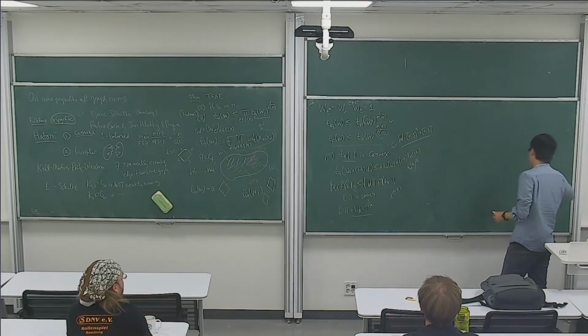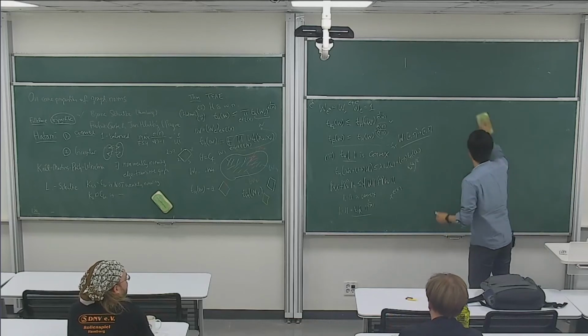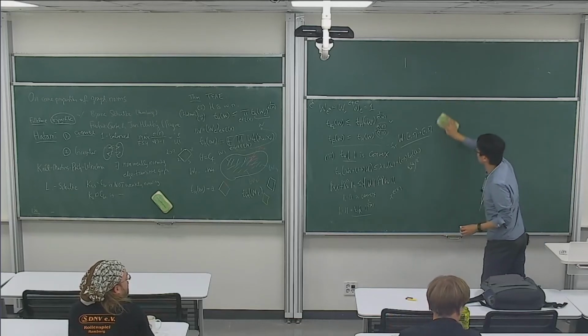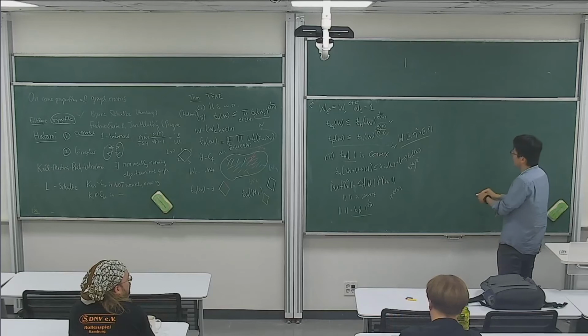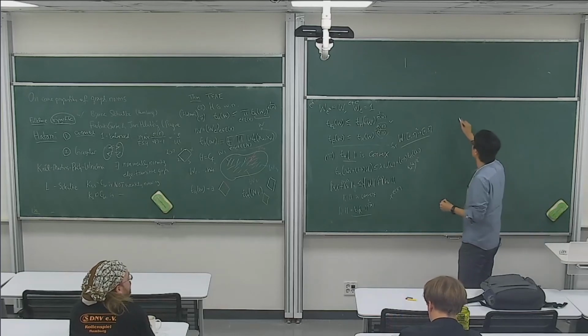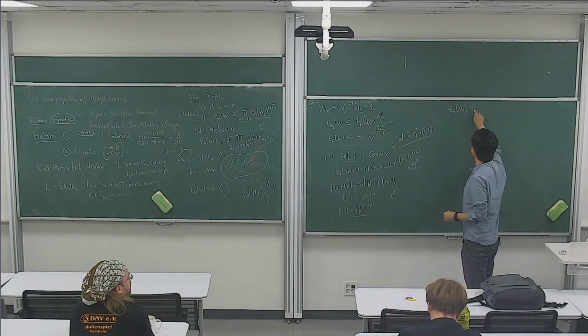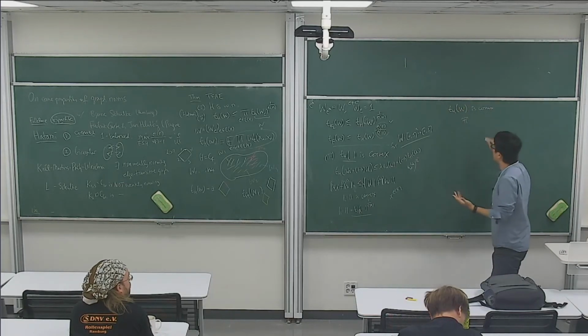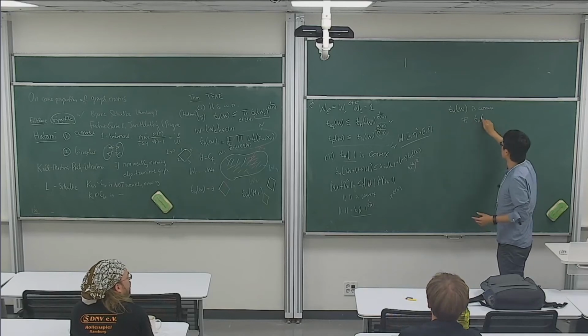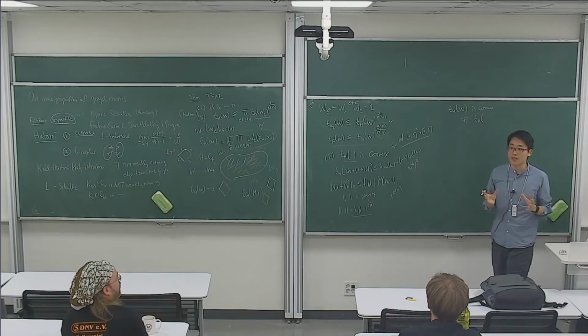I can discretize the setting, which means this being convex if and only if this is convex for any step function.